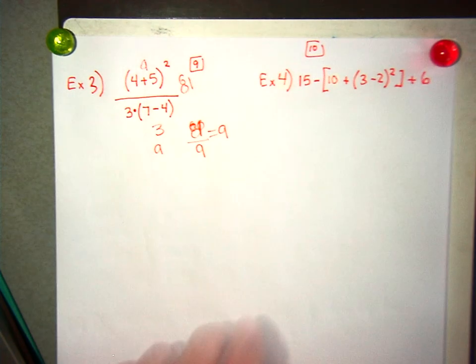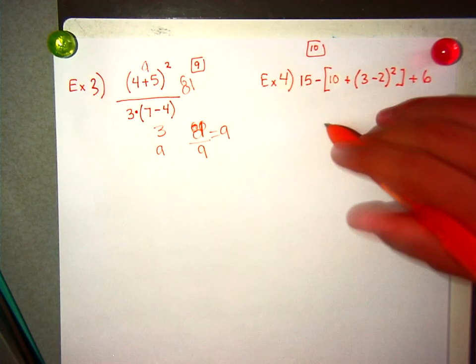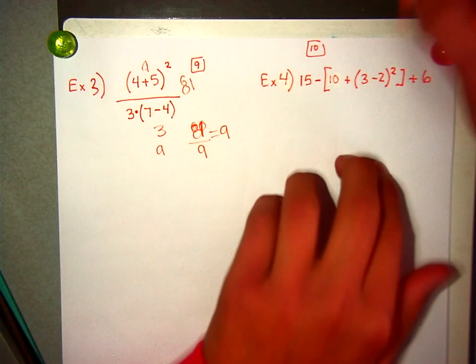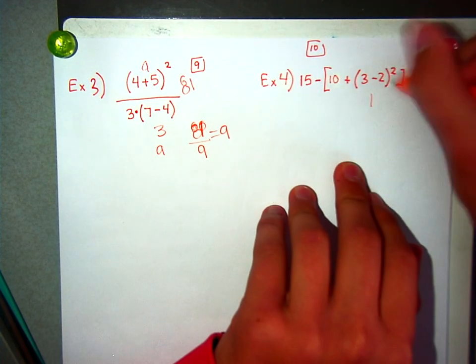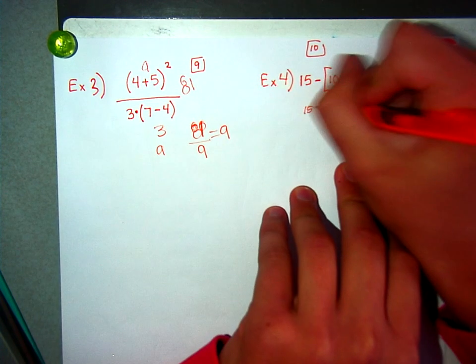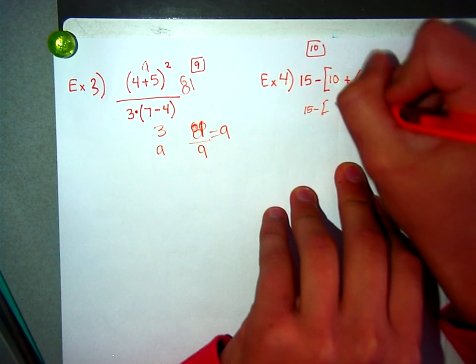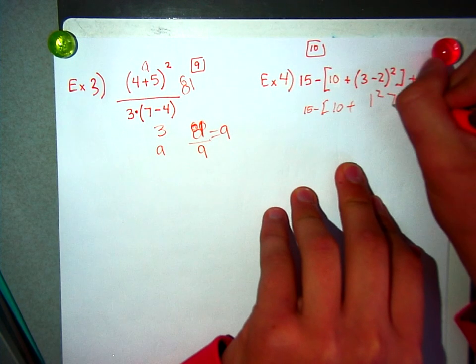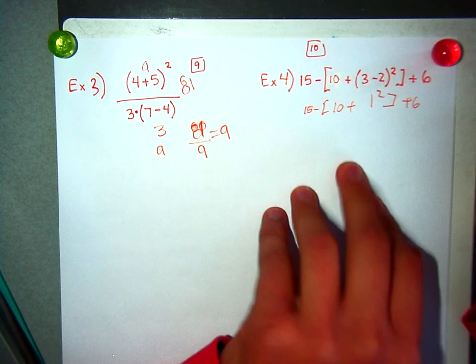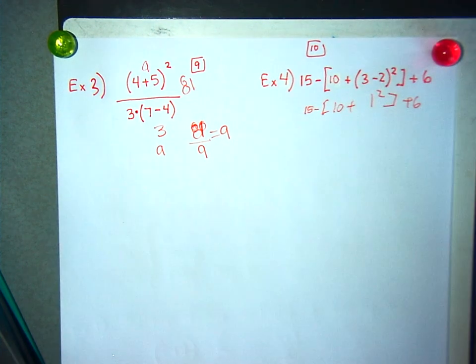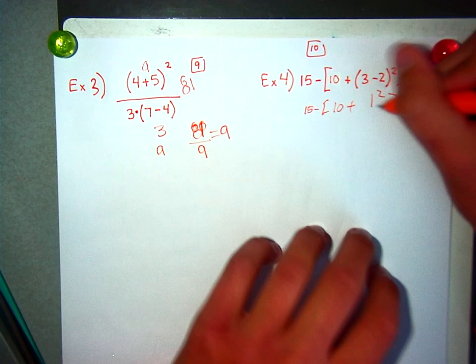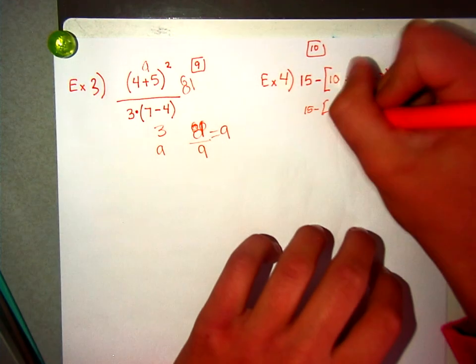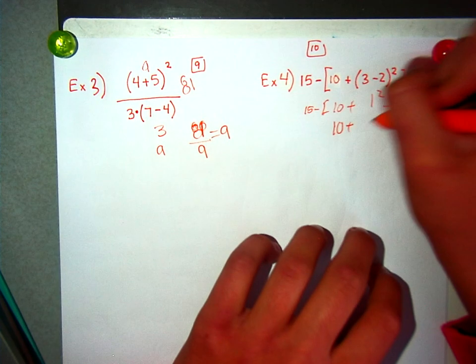All right, so first you gotta do the 3 minus 2, which equals 1. Boom. And then you gotta square the 1, which is 1 times 1, which equals 1.